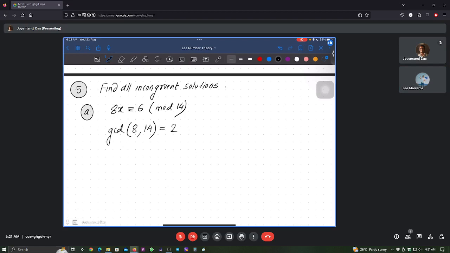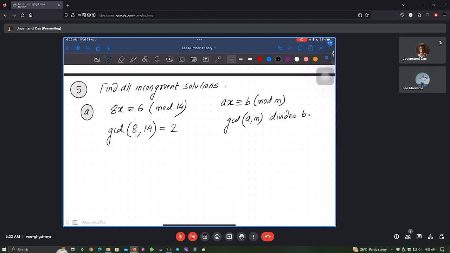So the GCD is 2. Here we have ax is congruent to b mod m, which is the general equation. The GCD of a and m has to divide b, right? Because 2 divides 6, the solution exists. If it did not divide b, then we could directly say that no solution exists.